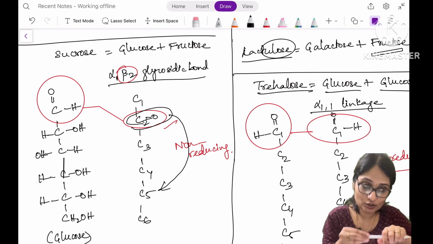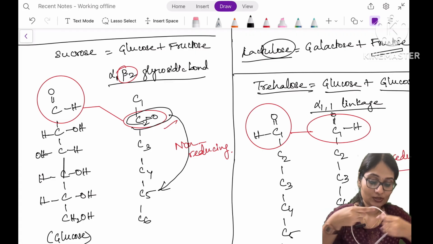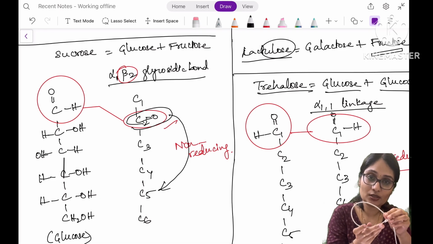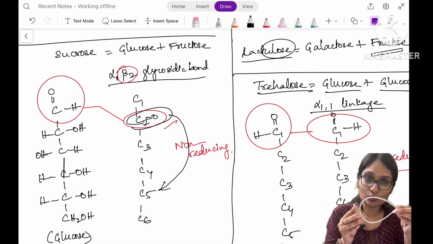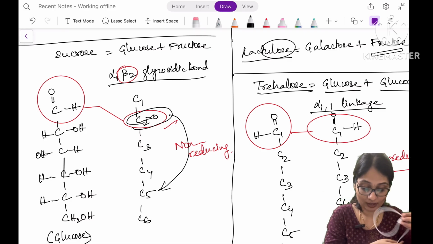So this is a straight chain, but because of interaction, this carbon is going to interact here with your fifth carbon. So what happens? A ring is formed. This is how the rings eventually form.